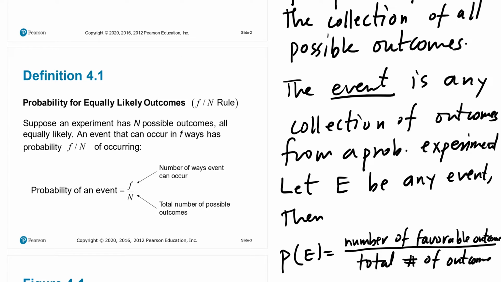So how many are in favor of that event E? Event E means, oh, how many are going to be red, how many are going to be even numbers, how many are going to be heads, how many are going to be prime numbers. That's the number favorable to event E over the total number of outcomes. Let's look at an easy example to start with.